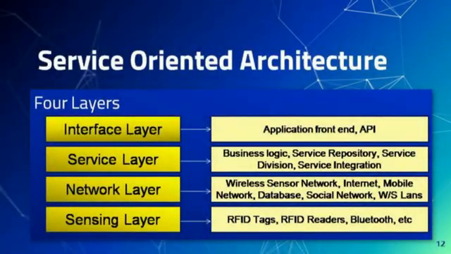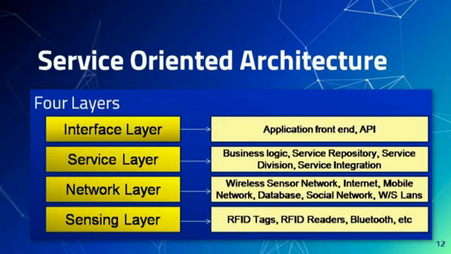Next we have service-oriented architecture. This is divided into 4 different layers. We will start from the bottom. First one is sensing layer, next is network layer, next is service layer, next is interface layer. Each layer is transferring all the data to the next layer.